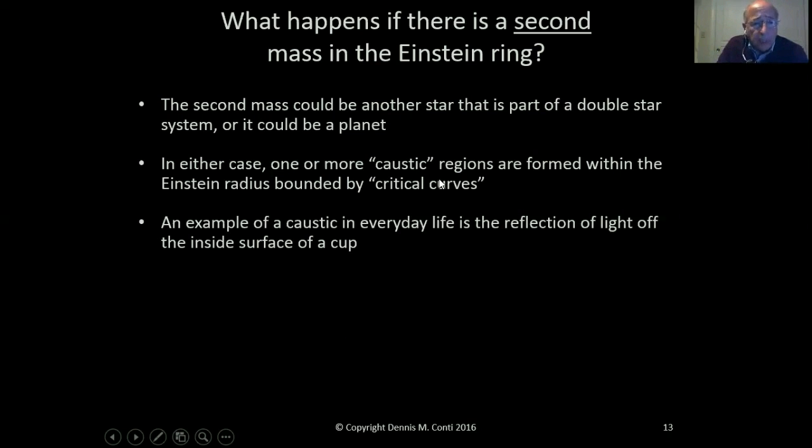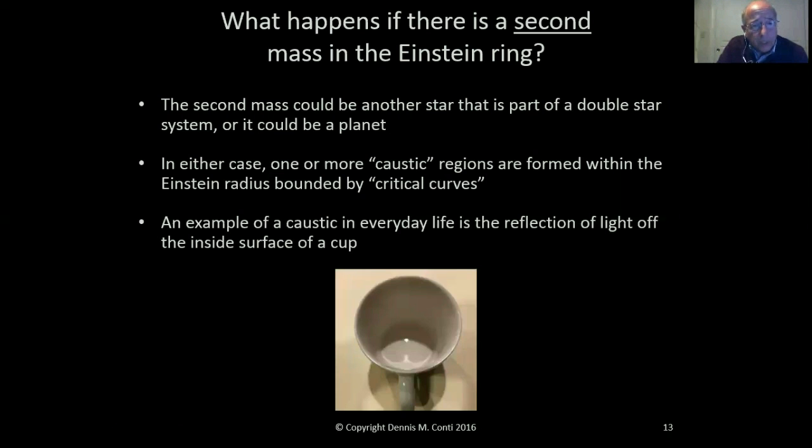Well, in everyday life, we would see a caustic region and a caustic curve if you just take a round cup, and it doesn't even have to have any water in it, if you just reflect light into it, what you're going to see in the bottom of the cup is a caustic region.